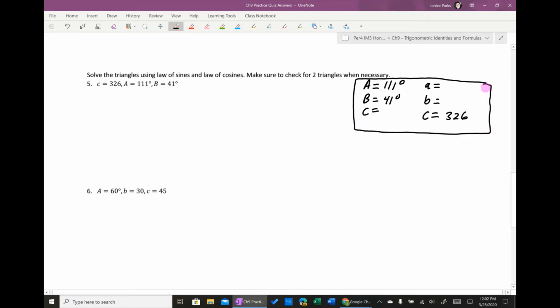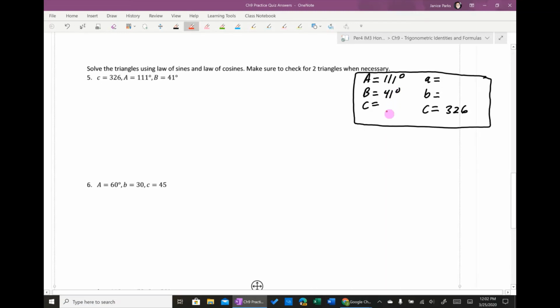First of all, there's only one triangle for sure. And second of all, it's law of sines, and law of sines is generally easier to do than law of cosines. So when they give you two angles, you can go ahead and solve for the third angle immediately just by adding them together and subtracting from 180 degrees. And then you can just do law of sines to finish this up.